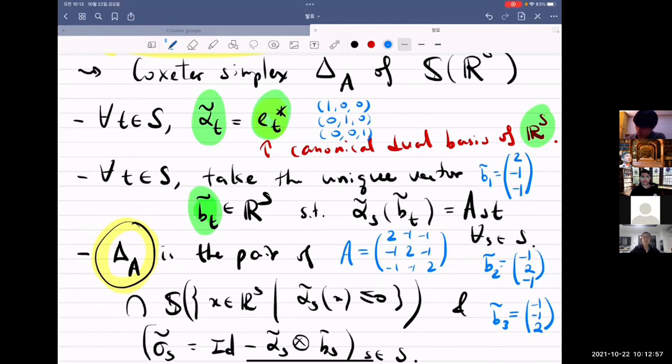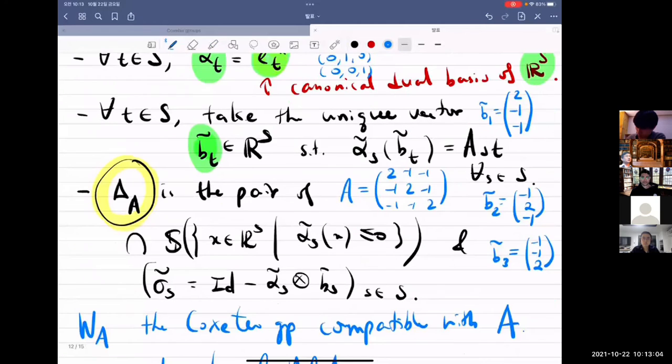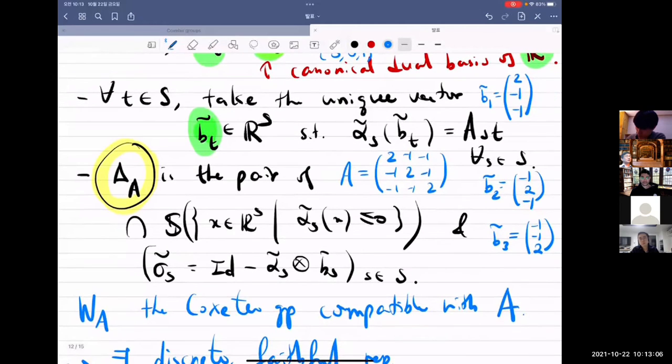Okay, yeah, I see what you're doing. And then just BS is what? So this one is equal to B1, this one equal to B2, this one equal to B3.